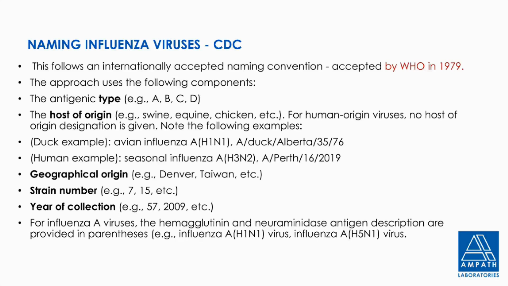So your antigenic type will generally be, for example, your A, your B, your C, or your D. The host of origin, so for human origin viruses, there's no host that will be designated. But if you have a swine or an avian influenza, then it will be apportioned to where that host is or who that host is.